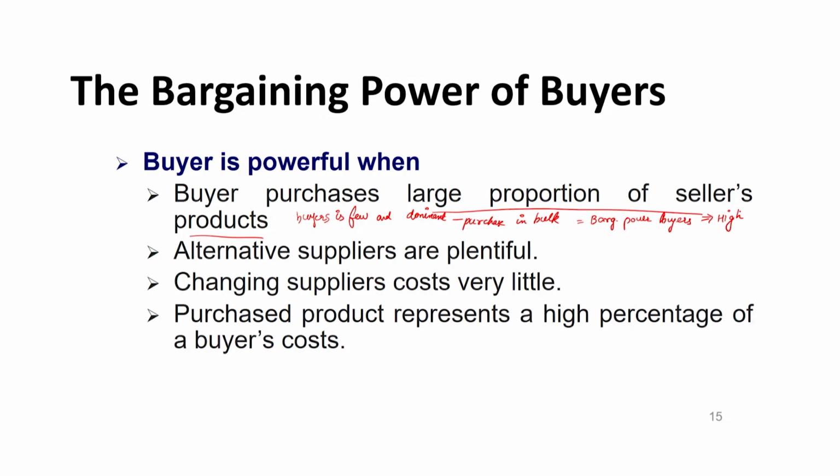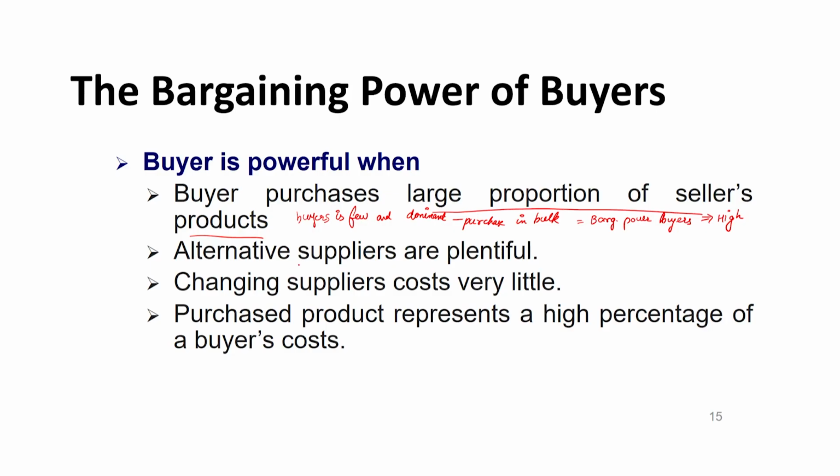If you go to market and you make bulk purchases, you also tell to shopkeeper that we are purchasing in bulk, so we want more discount. So when you purchase in bulk, when you purchase major proportions of seller's product, your bargaining power as a customer, as a buyer will increase.